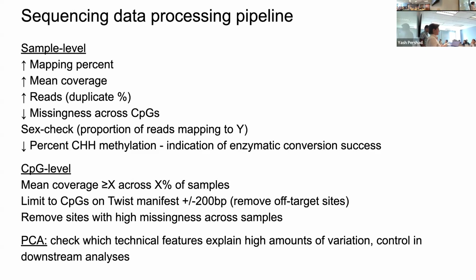Just plot it, make sure it looks good. Everything above usually 85%, 90% should be bang on with the sequencing most of us will be doing. Same with coverage. Want to keep high coverage samples, so samples with a mean coverage, you'll see what the distribution looks like in your sample. Also ones with a critical mass of reads. I would check the duplicate percent as well.